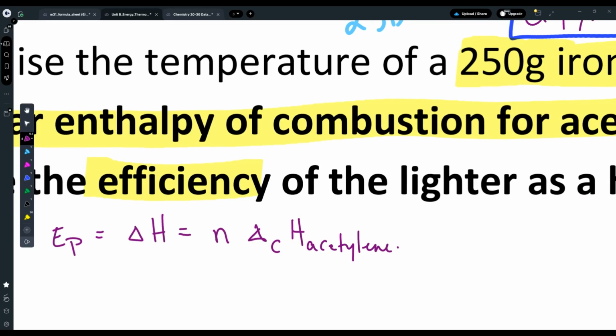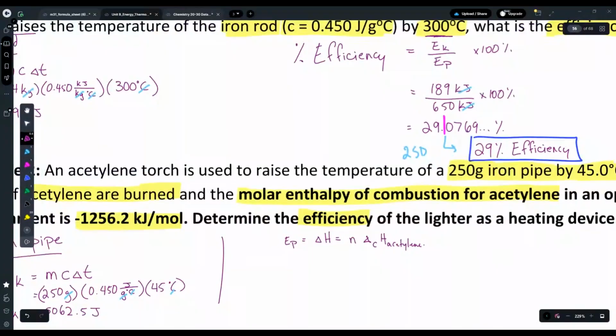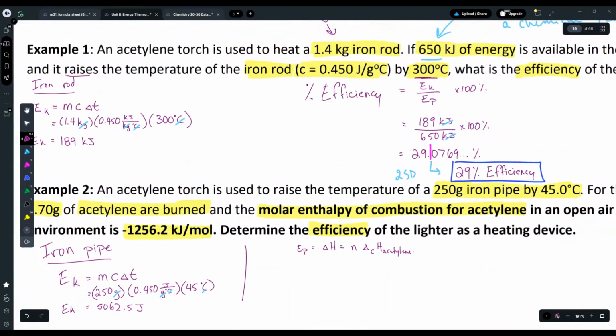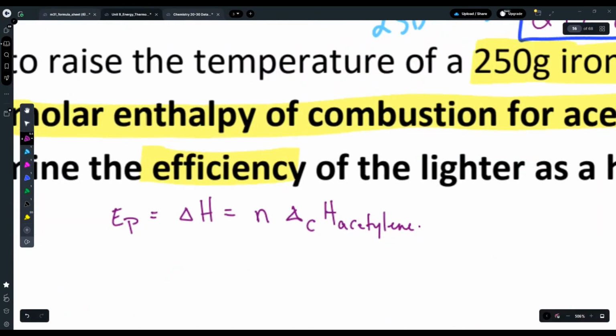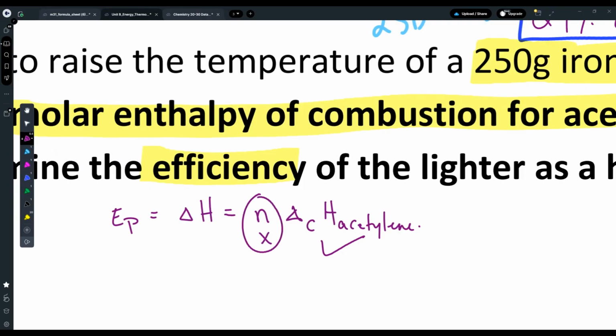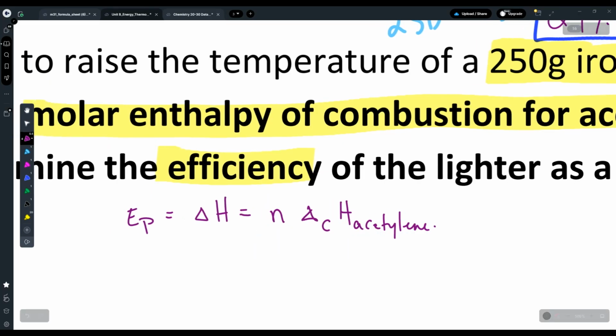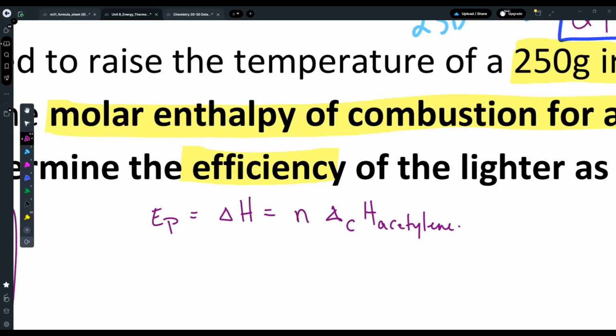We were given the molar enthalpy of combustion for acetylene in the question. We were given a mass for acetylene, but not the moles. So we need to figure out how many moles of acetylene we have before we're able to figure out the potential energy of this reaction.